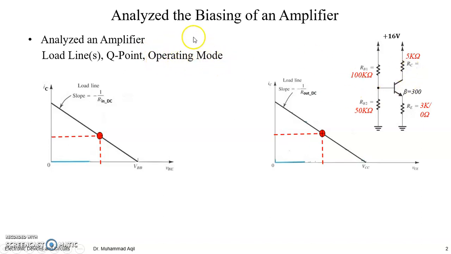Obviously, since we have analyzed amplifier circuits, we would be knowing that we should be having base to emitter junction as forward biased and collector base junction as reverse biased. So in the analysis process, we have gone through these points first, right?